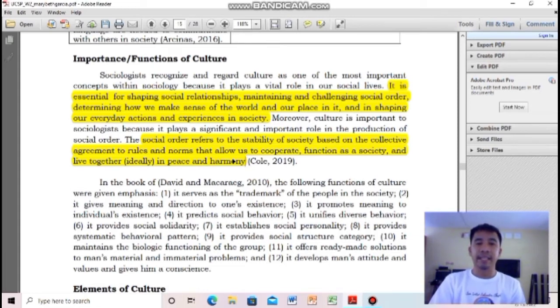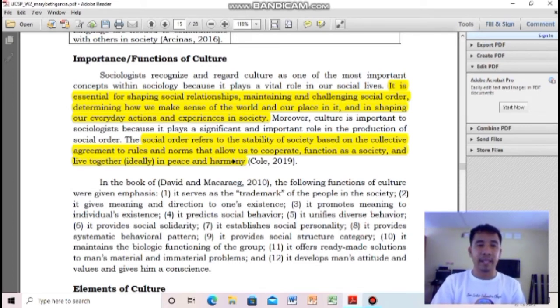Number 5, it unifies diverse behavior. Even though we have diversity in terms of behavior, because we share some commonalities, culture serves as a unifying agent that unites us even with our different beliefs and practices.